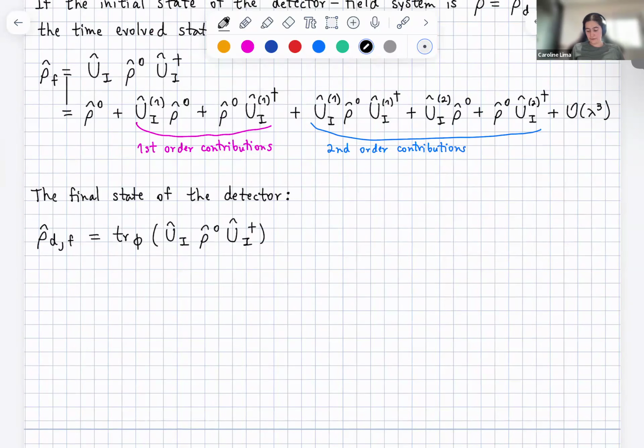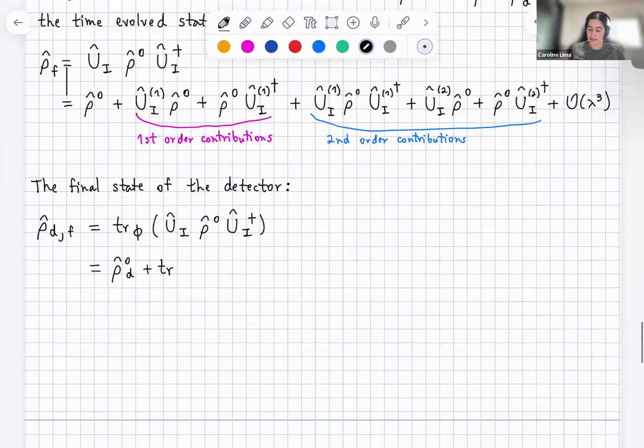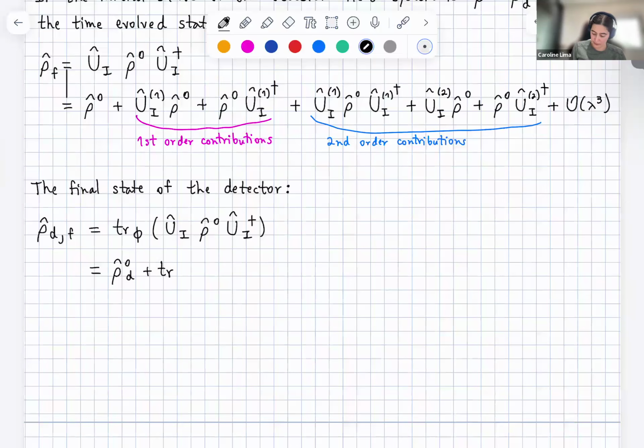Right? So if I want to compute that, of course, the zeroth order correction is going to be just what I had in the beginning for the detector. Then I'm gonna just write exactly what I had here, but just tracing out the field, right? So I have the trace over the field of U1 times rho 0 plus rho 0 times U1 dagger, which are the first order.